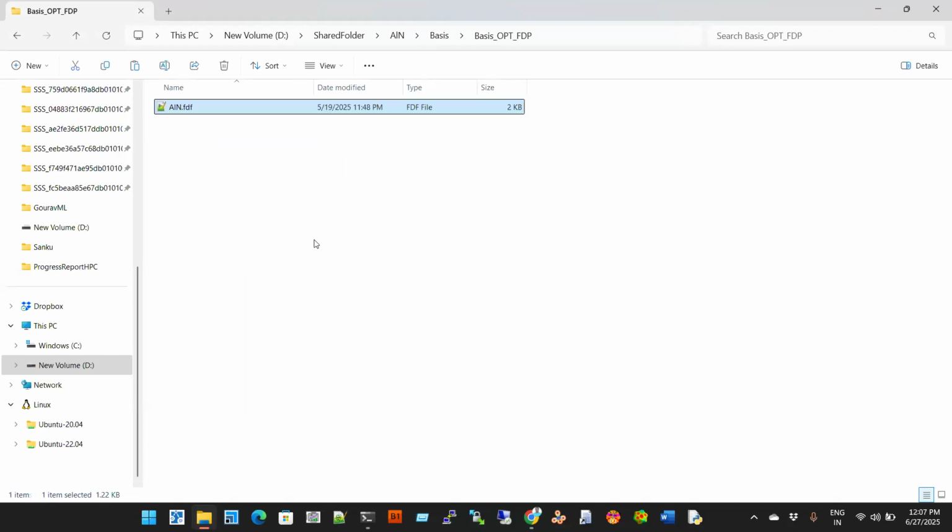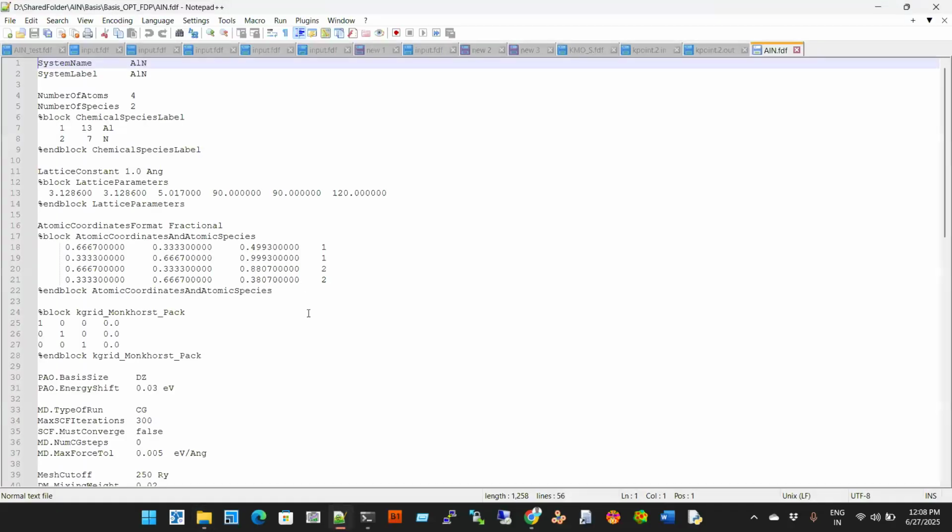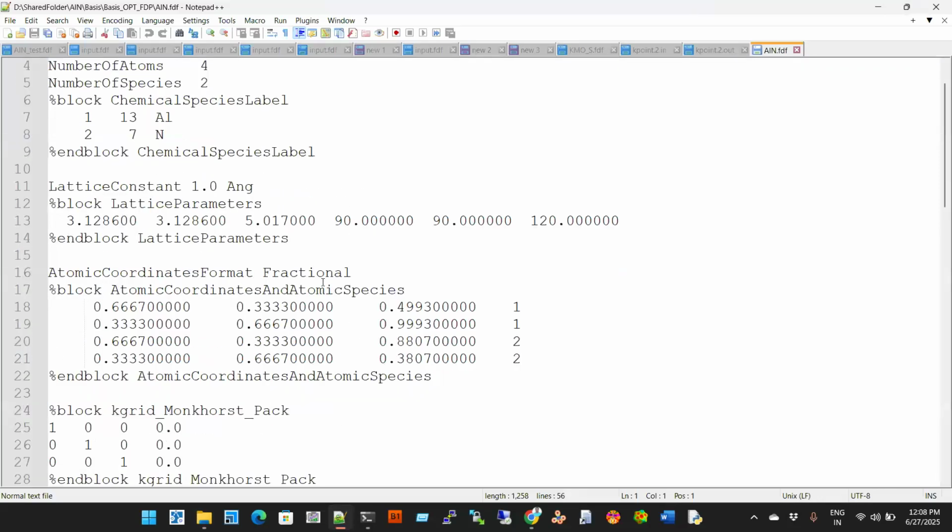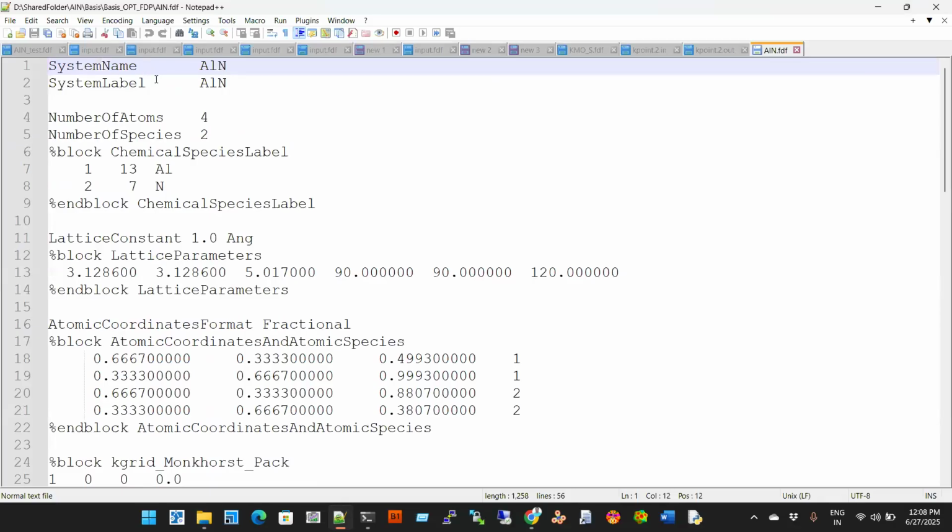We are trying to make a folder. This one is the standard FDF file of aluminum nitride. This one is the system name. This one is the system level. These are the number of atoms. Number of atoms is 4. Aluminum and nitrogen, 2 types of species are there.